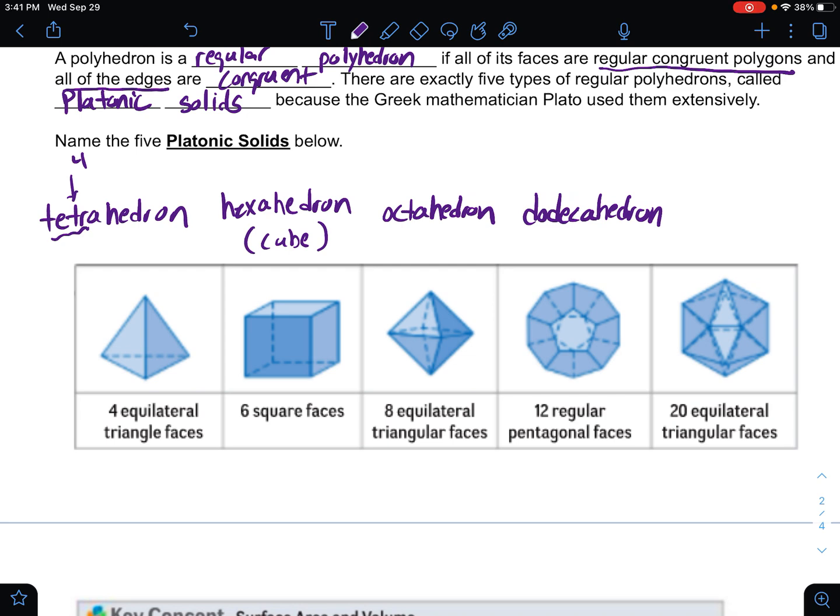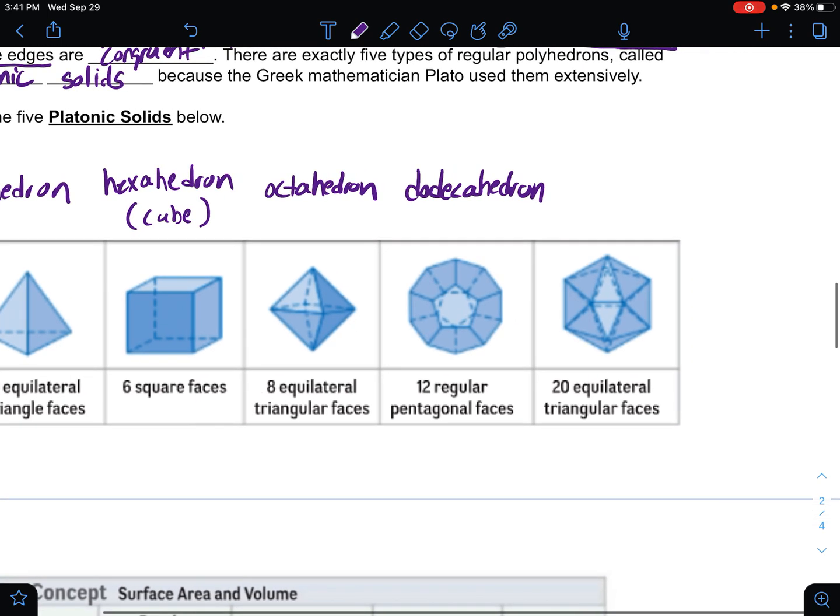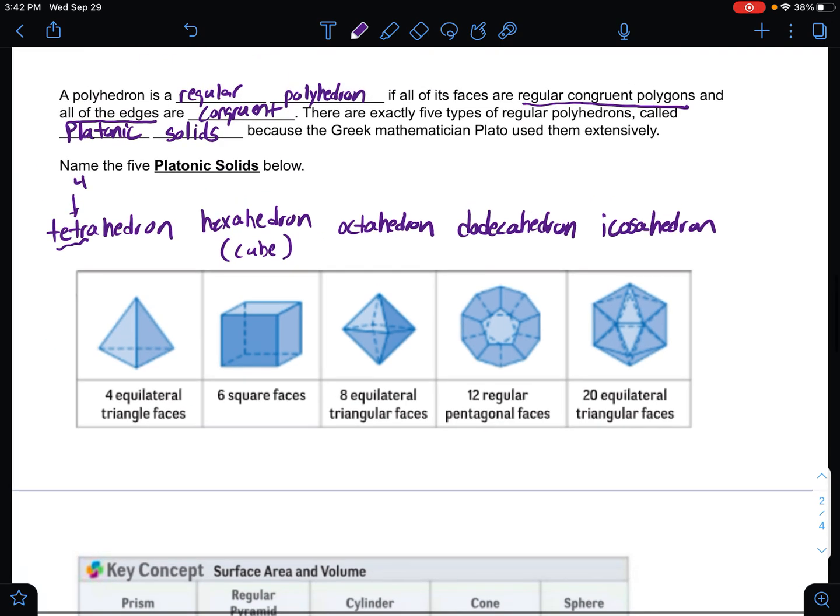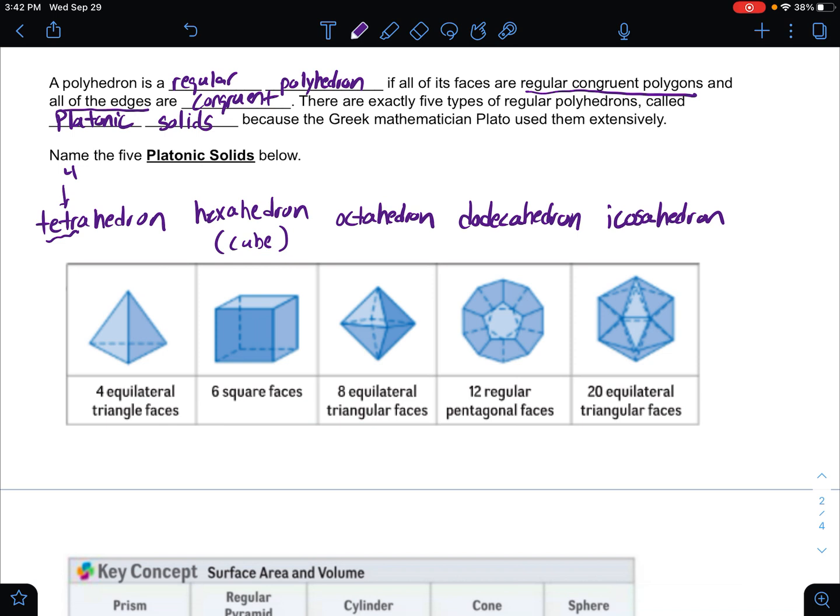And then if we skip up to 20, we talked about that in our polygon work. That was icosagon, so this is an icosahedron. If it has 20 equilateral triangular faces, that is what you would call an icosahedron.